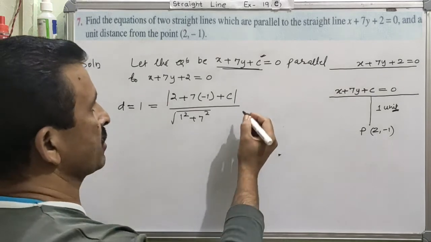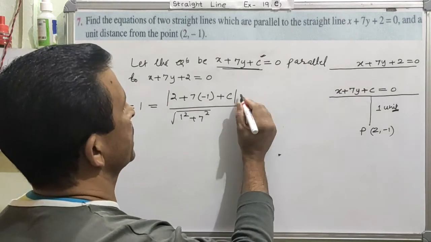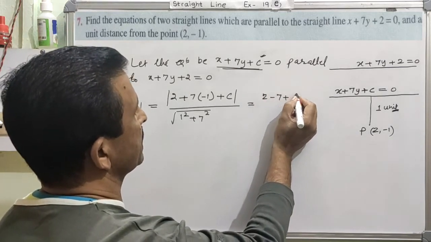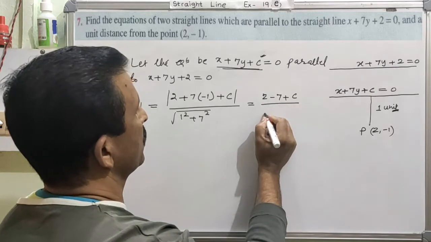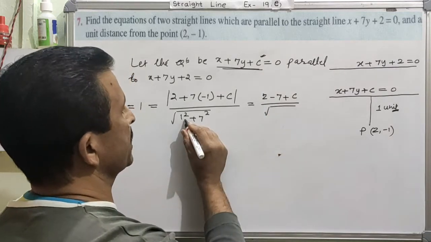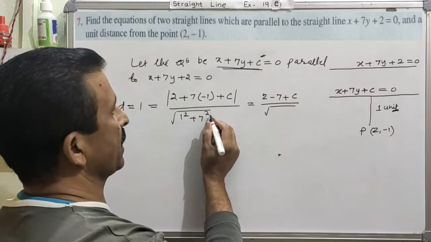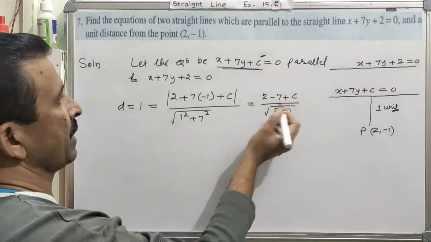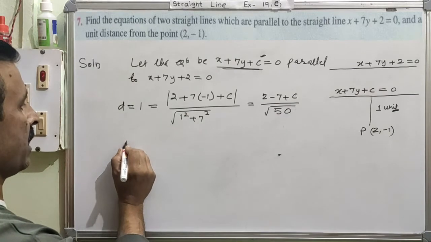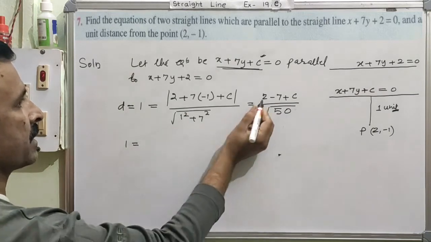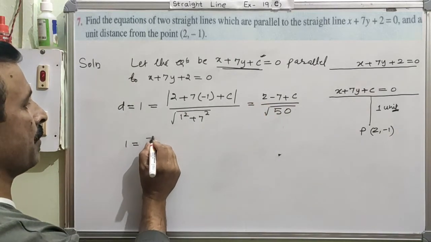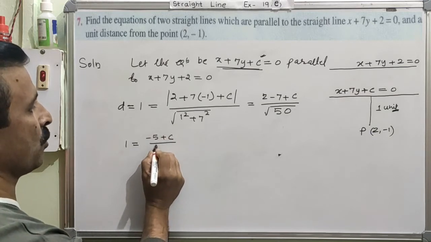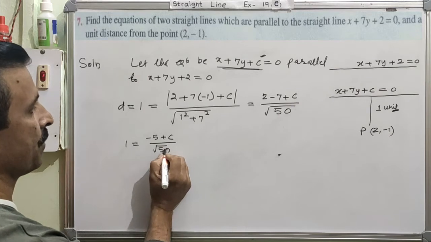So we can now simplify. This is 2 minus 7 plus c divided by root over 1 square, which is 1, plus 7 square, which is 49. 49 plus 1 is 50. One more step: 1 is equal to 2 minus 7, which is minus 5, plus c, divided by root over 50.